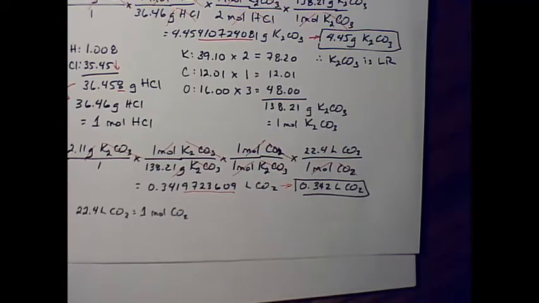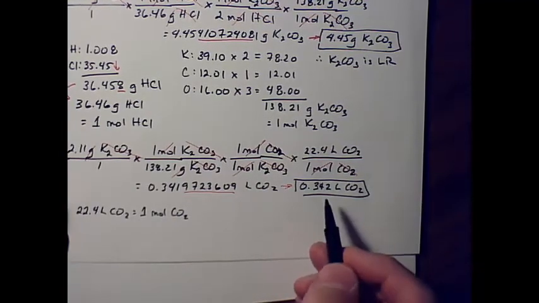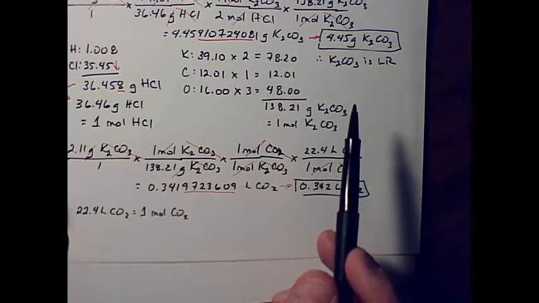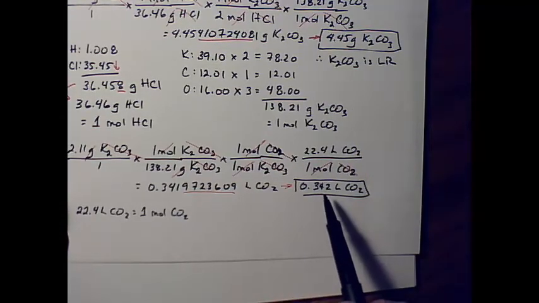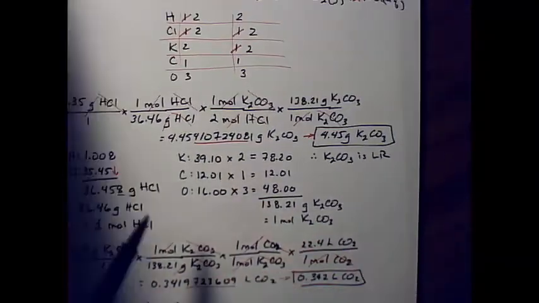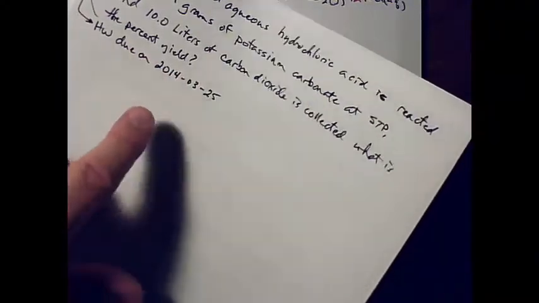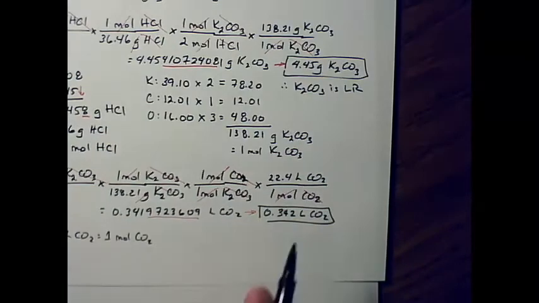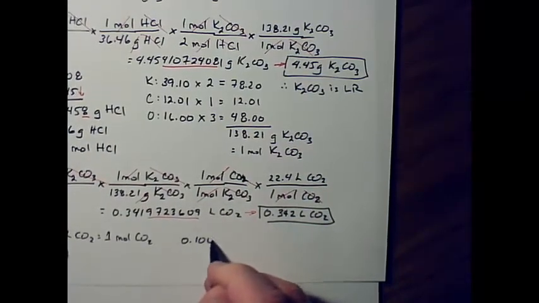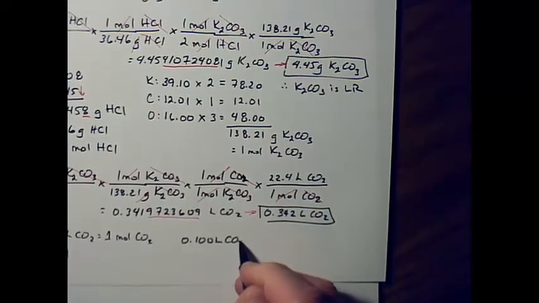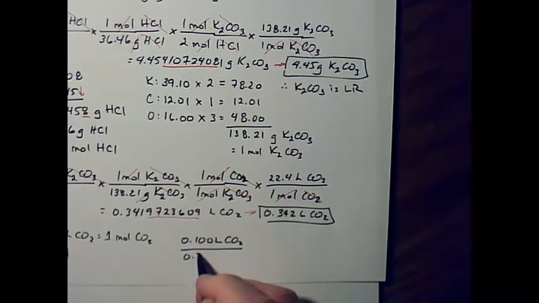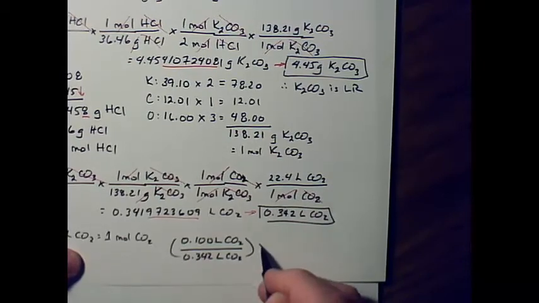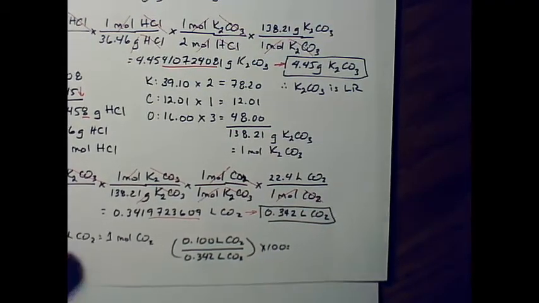Okay? The percent yield then is calculated by putting the actual yield, which is supposed to be 0.100 liters, over the theoretical yield, 0.342 liters of CO2, and then multiply that answer by 100.